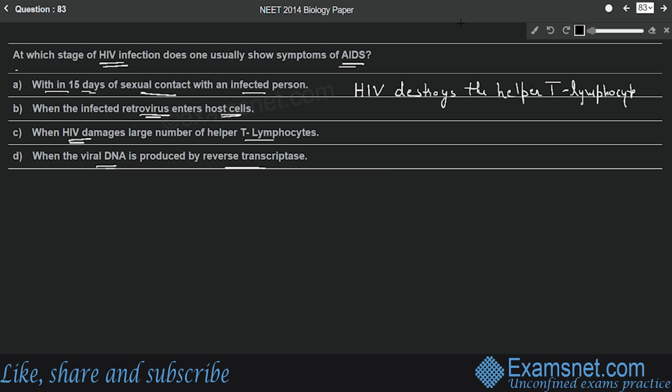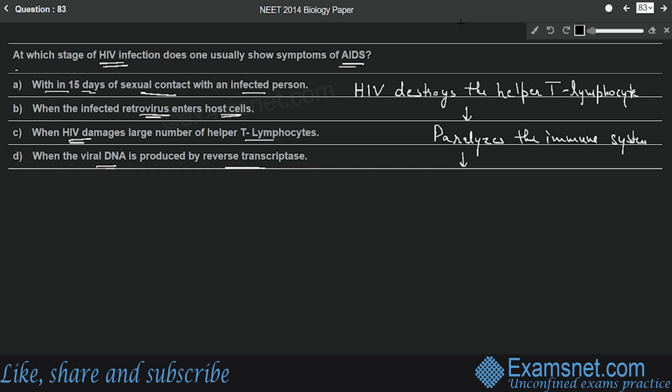And when a large number of helper T lymphocytes are destroyed, then it paralyzes the immune system. That means the immune system will not be able to protect the body from any external attack or the infection.